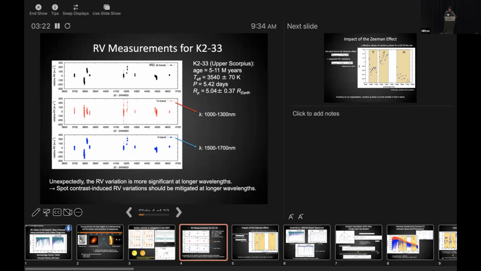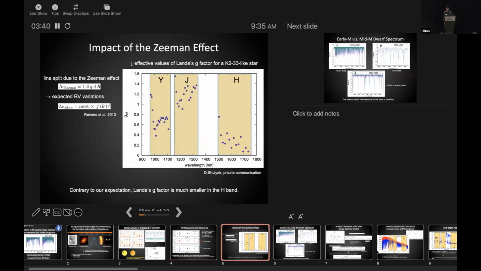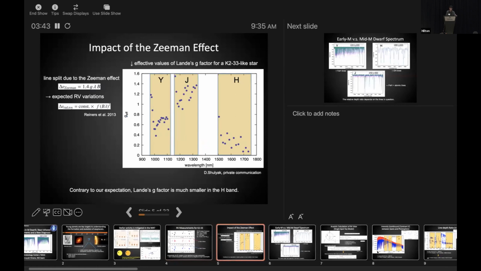As I said, if the RV jitter is induced only by spot contrast, then we should expect a lower RV jitter for young M dwarfs. But this was something we didn't expect. We first suspected that this large RV variation in the H band is due to the Zeeman effect, because Zeeman line splitting is basically proportional to wavelength.